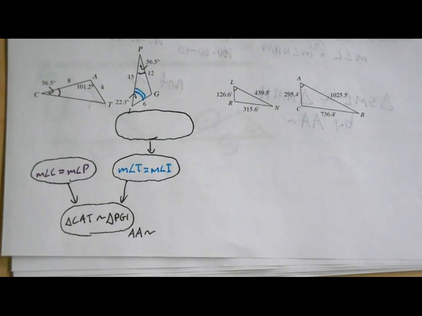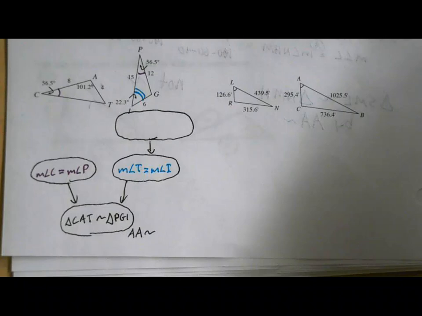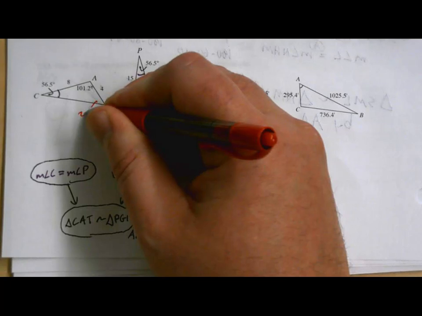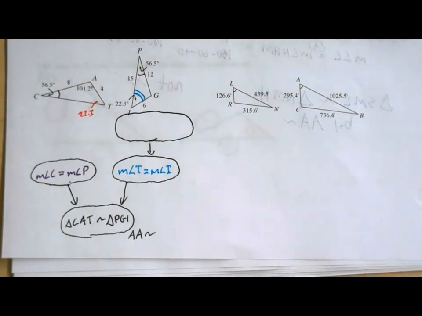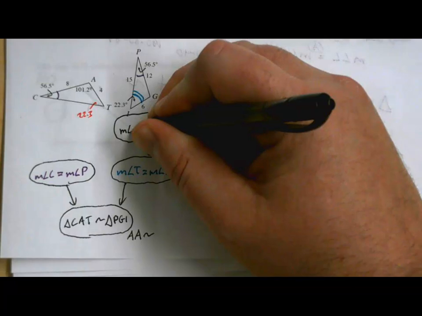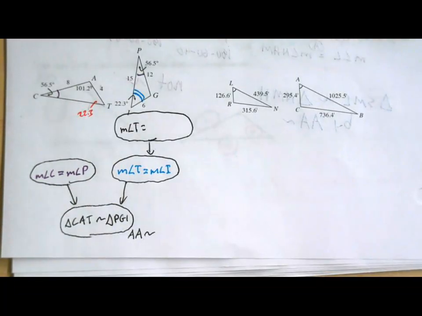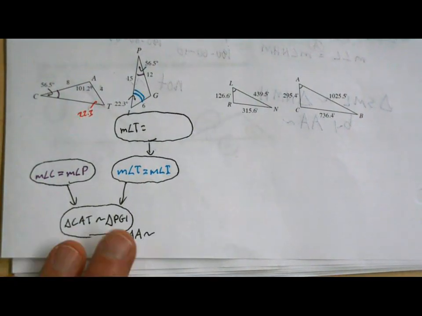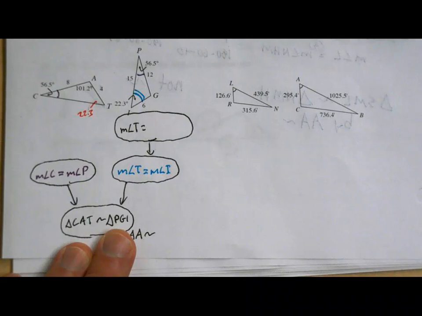What you did to find that. You guys told me you did some work to come up with 22.3. Just show me how you did it. We're going to say the measure of angle T equals, how did you come up with that 22.3? I can't remember who told me what it was, but how would I find it?